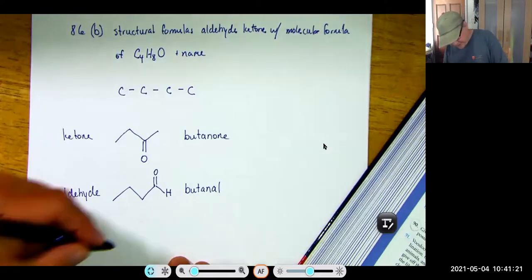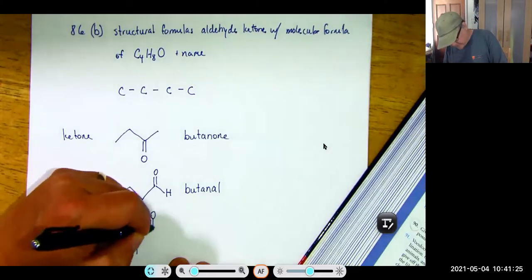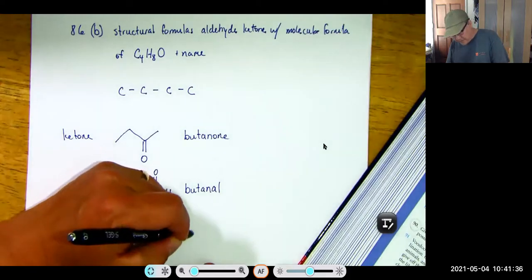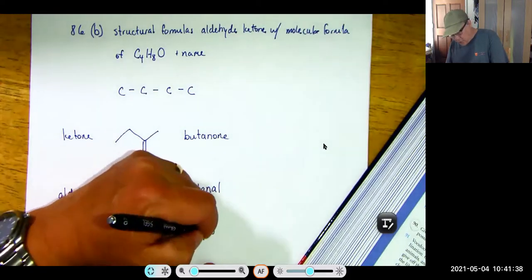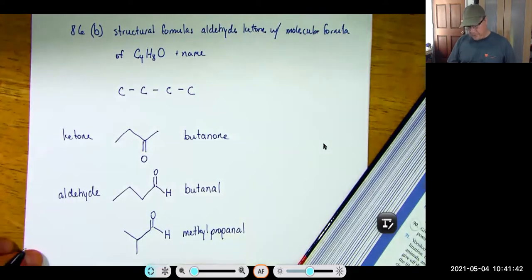There's another one we could do for the aldehyde. We could do this, and this would be called methylpropanal. Why is it a propanal instead of a butanal now?